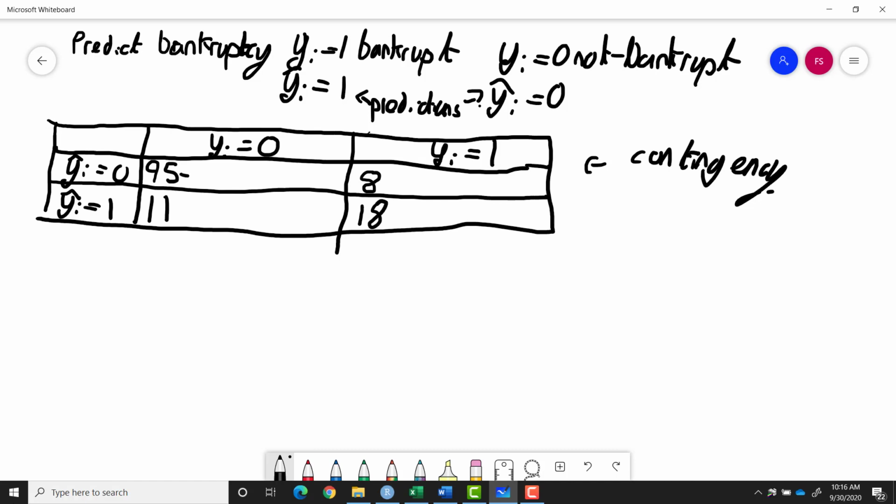This is my true negative. It's not bankrupt and we've predicted it correctly. This one is not bankrupt, but we've predicted it is bankrupt. This is going to be my false positive.